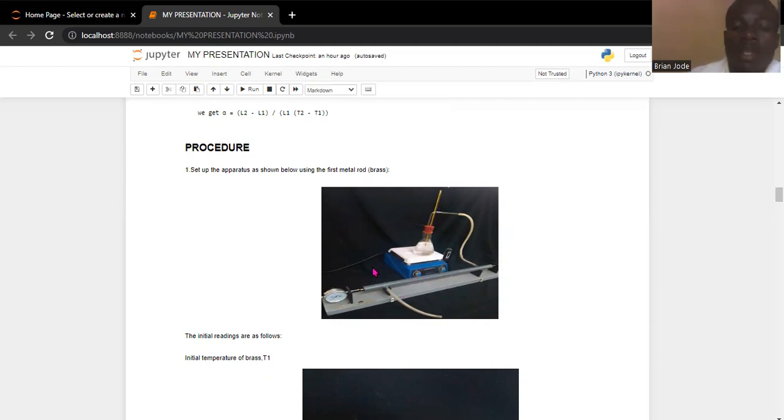It is always advisable that we set back the micrometer screw gauge from the end of the bar before the heating process. When setting up this experiment, we must create a space between the dial gauge, or the micrometer screw gauge, and the bar. Why is this necessary? When the metal rod is under heat, it could get heated up and lead to an incorrect value of expansion.